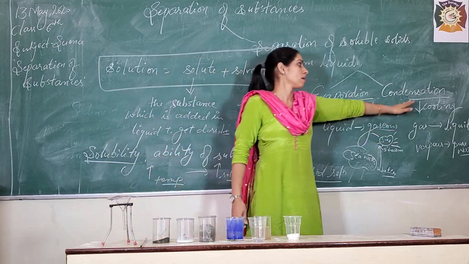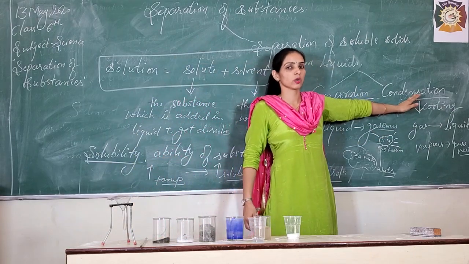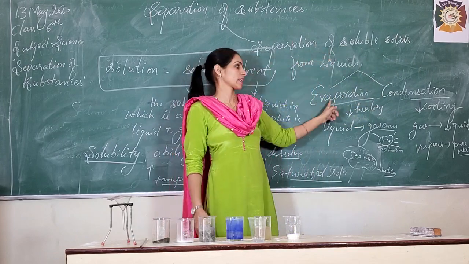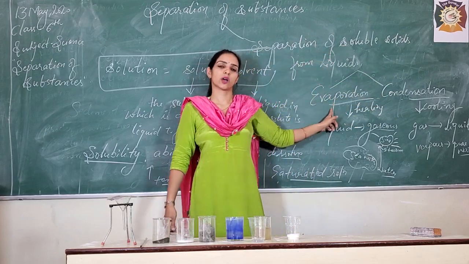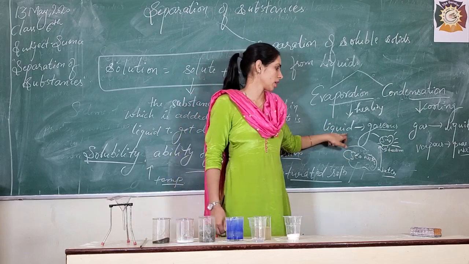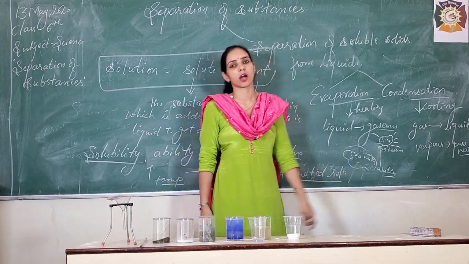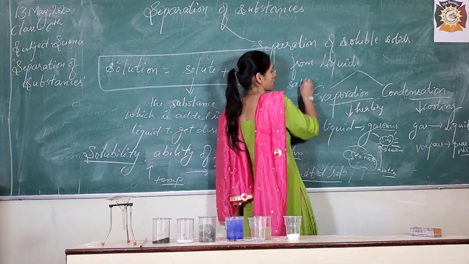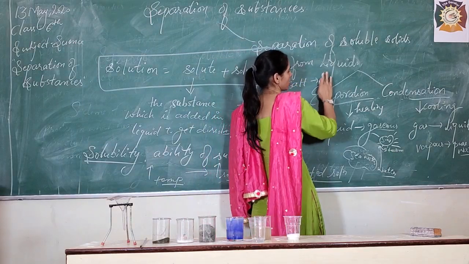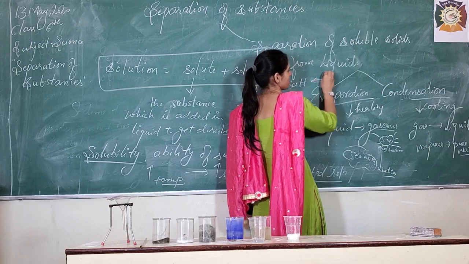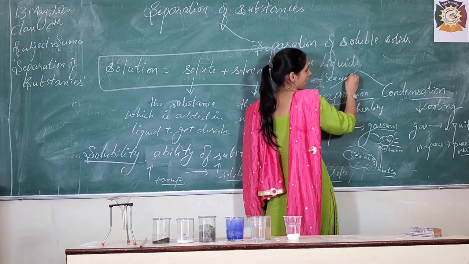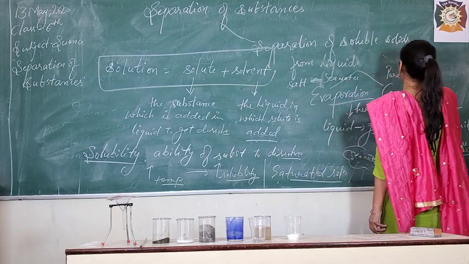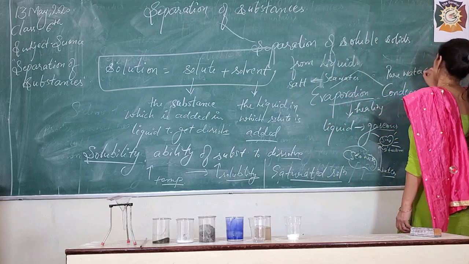So that means by the condensation process you can obtain pure water from salty water, but in the case of evaporation you can obtain salt from the sea water. So for what is evaporation done? To obtain salt from sea water. And for what is condensation done? To obtain pure water from sea water.